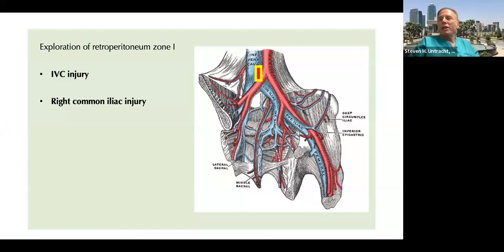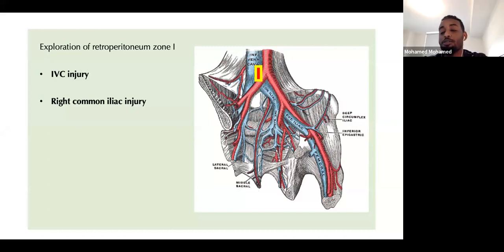Right. So the worry is that he would develop an arteriovenous fistula. The vena cava, you can repair, just sew it up. That part is straightforward. For the iliac artery, were you in the hybrid room? No, we're not in the hybrid room, but we did have our vascular colleagues join us at this point of the procedure.